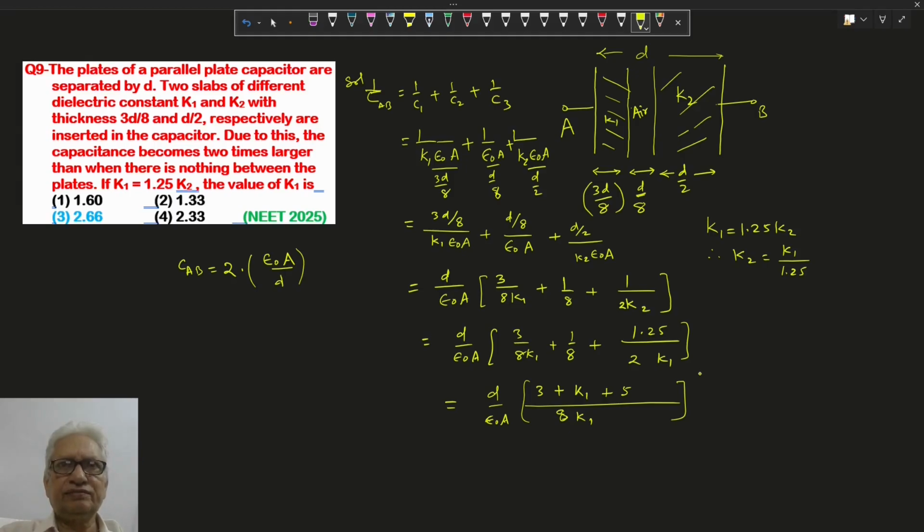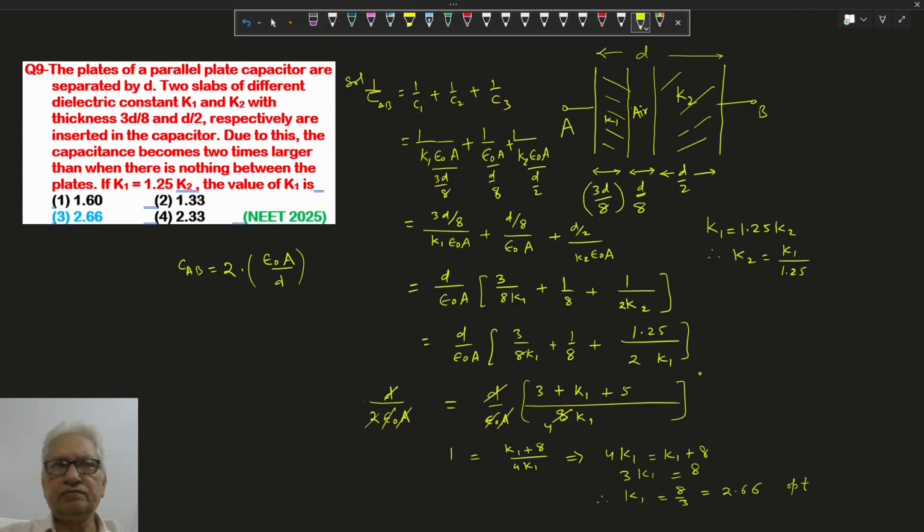You put the value here and it will become 1 upon 2 epsilon naught A upon d. The d upon epsilon naught A cancels, taking common, so 1 upon K1 plus 8, 1 upon K1 cross multiply, K1 equals K1 plus 8, so 3 K1 will be 8 and K1 will be 8 by 3 or 2.